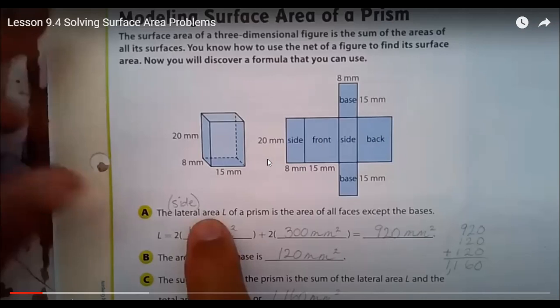So at the beginning, we will calculate the lateral area. What's the lateral area, Yasser? Lateral area means what? What's the meaning of lateral area? Side area. Ruqayya, Tala, Rahma, what's the meaning of lateral area?